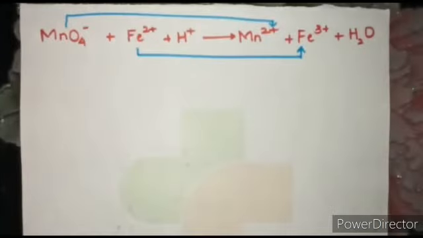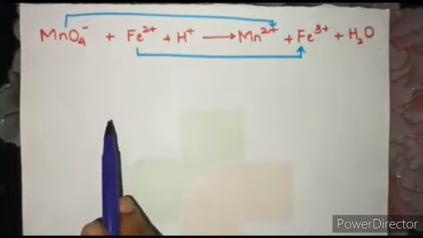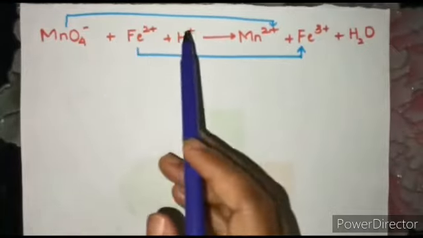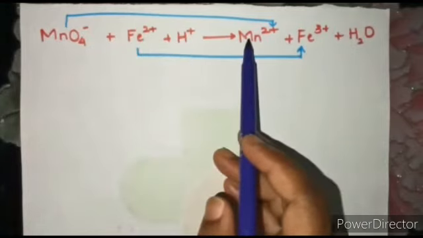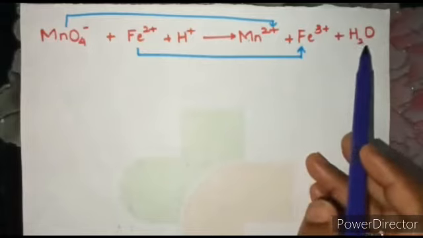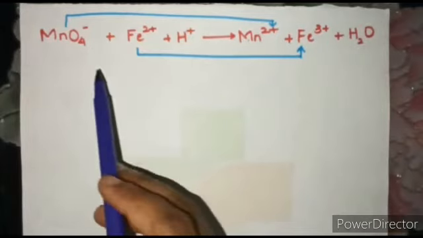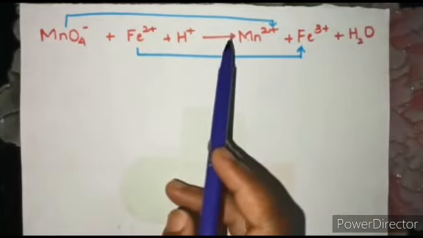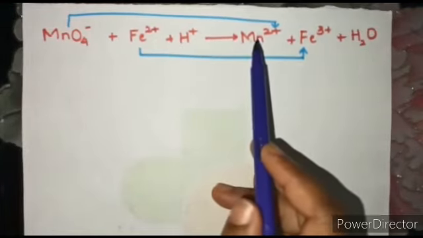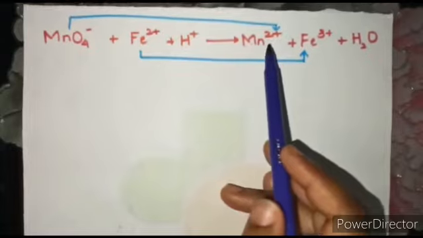How do you balance a redox equation? Here I have taken the example of MnO4- plus Fe2+ plus H+, which leads to Mn2+, Fe3+ and water. Here we are going to split the reaction as I have told before. So MnO4-, which leads to Mn2+, will be reduction.